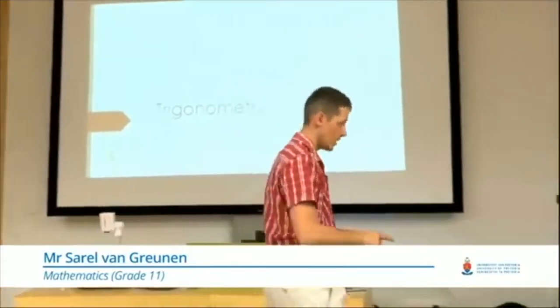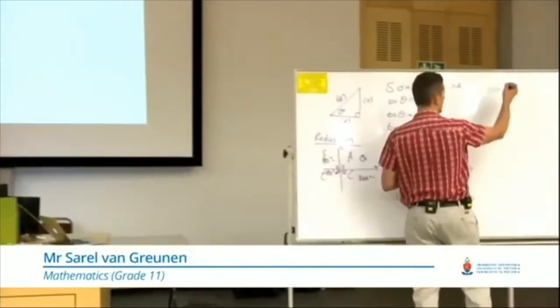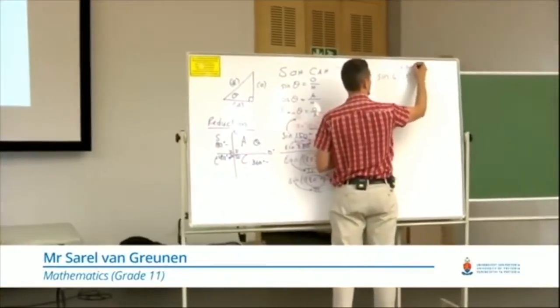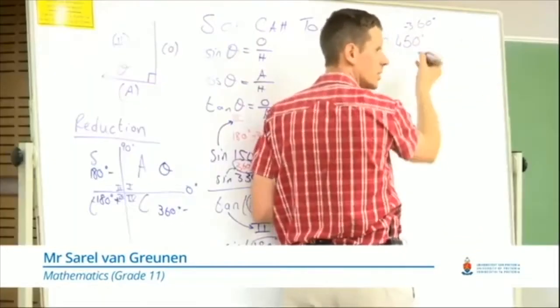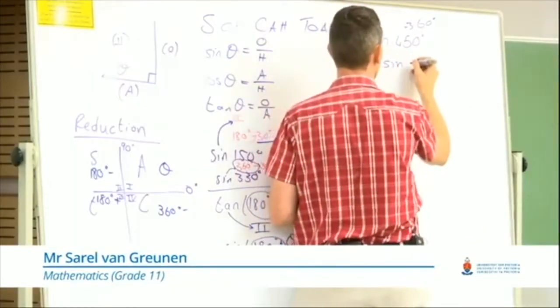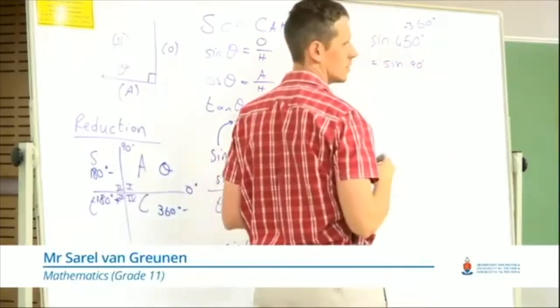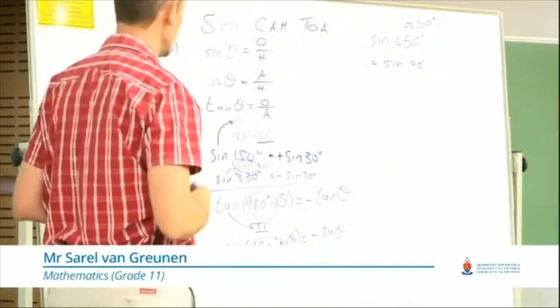And that's fine. It's still a repetition. So I'm going to subtract 360. And again, you just show it like that. You don't rewrite it. It just becomes sine of 90. Okay?